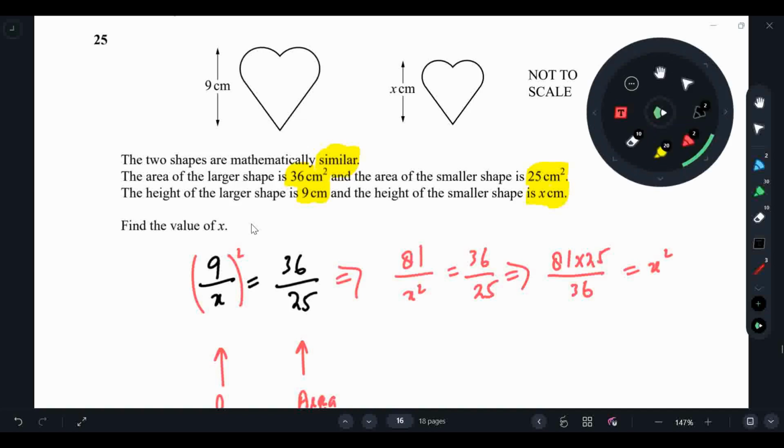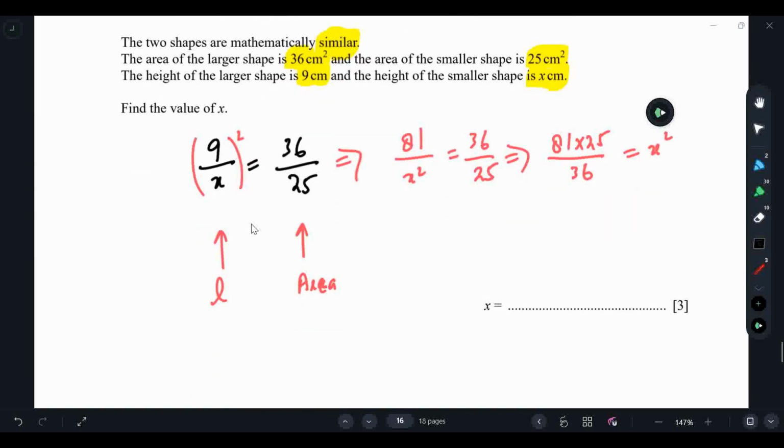Take the square root on both sides. Now without a calculator, how can we simplify the square root? Let's check this one. Square root of 81 multiplied by 25, whole divided by 36. It means 9 multiplied by square root of 25 divided by 6.